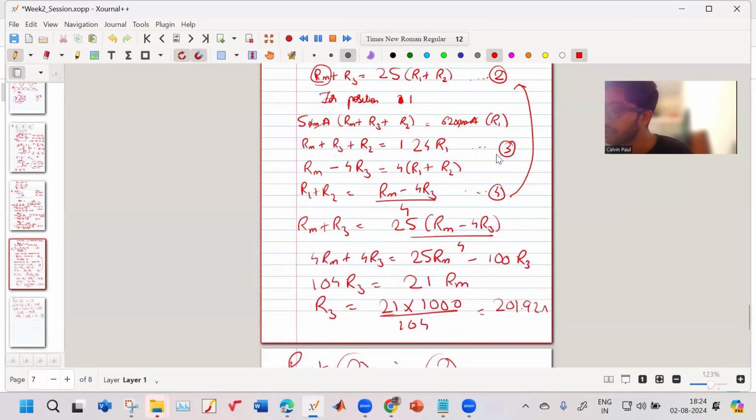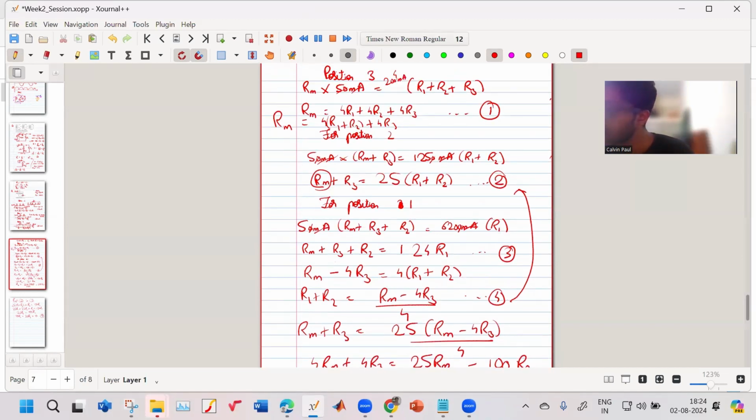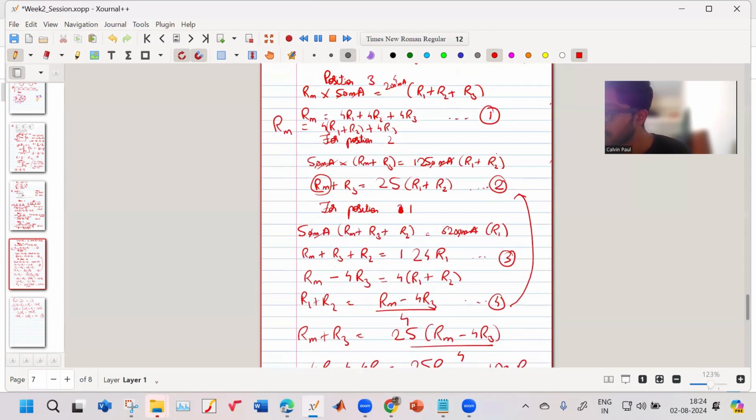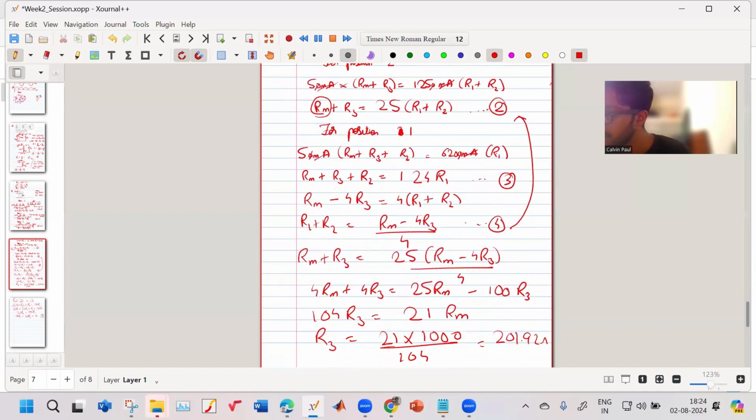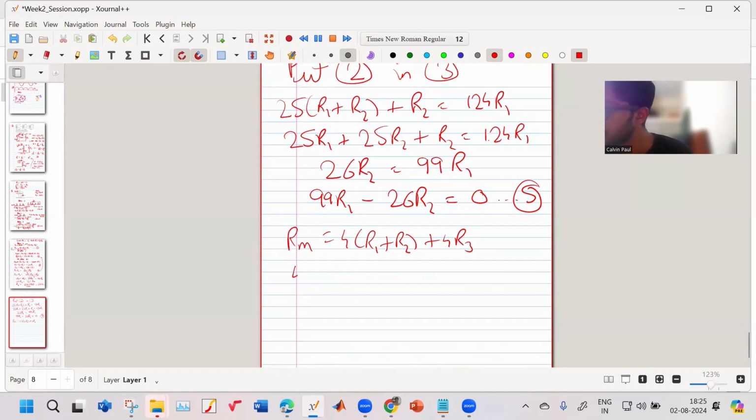We also have this equation that Rm is equal to 4 into R1 plus R2 plus 4R3, right? So that means 4R1 plus 4R2 is equal to Rm minus 4R3.